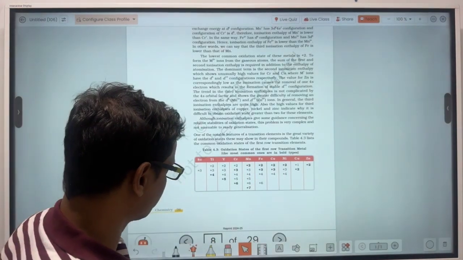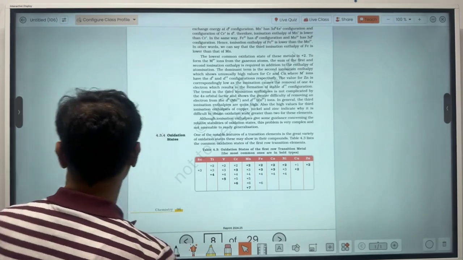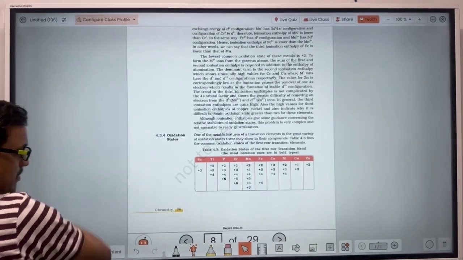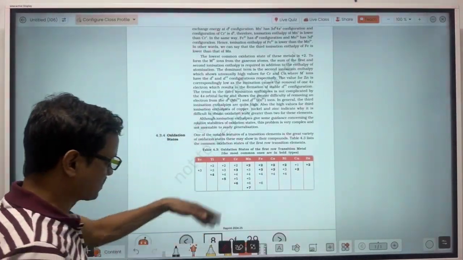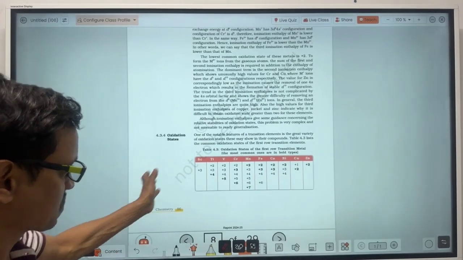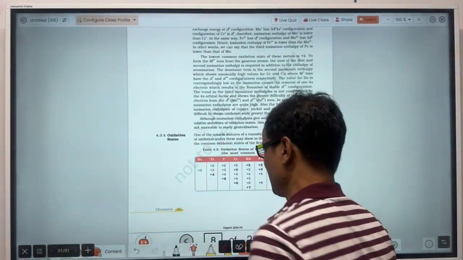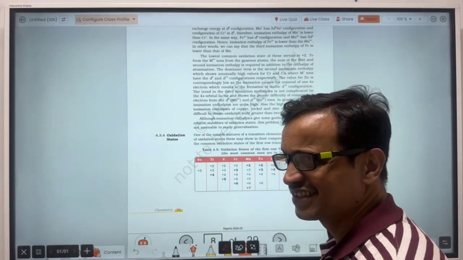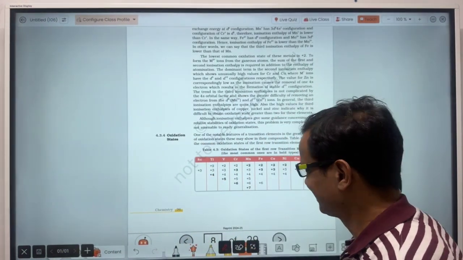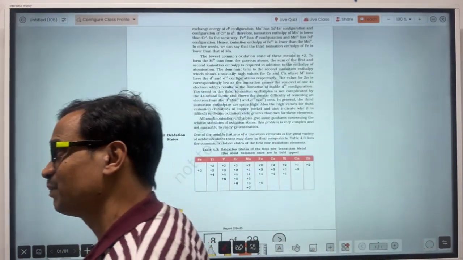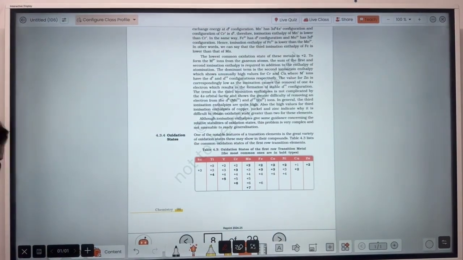Now, in this NCERT book also, you can predict which oxidation state will be most stable. Among these, scandium has only one oxidation state, so no controversy here. Titanium is most stable in the +4 oxidation state. Why?